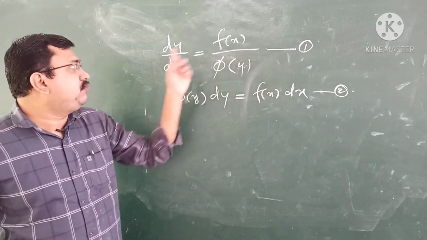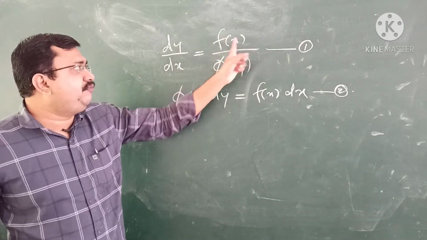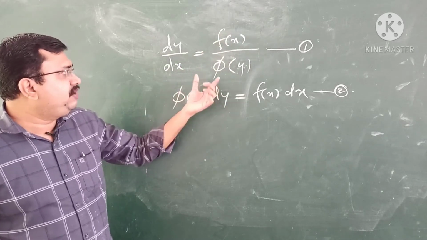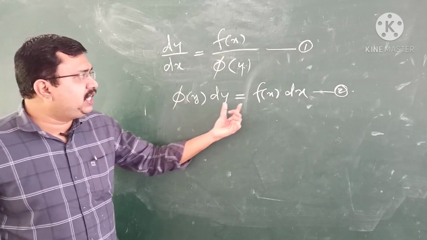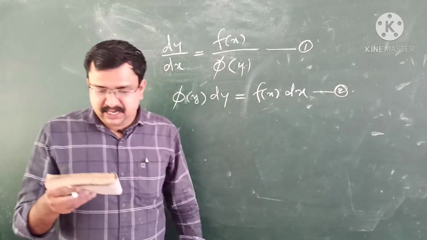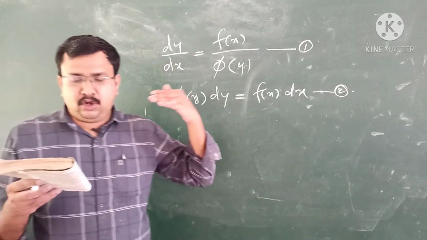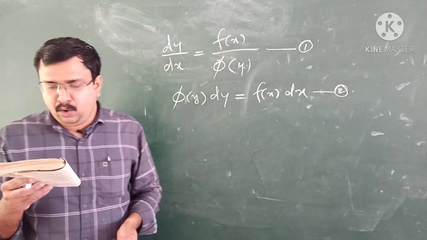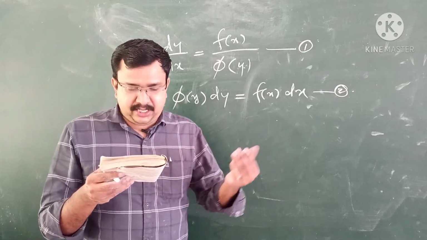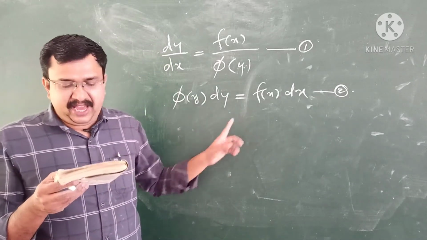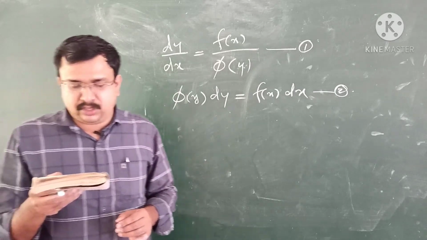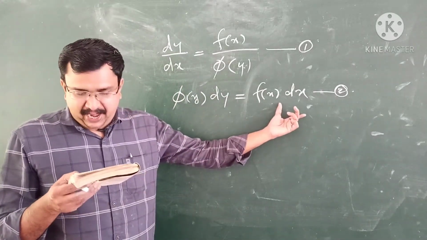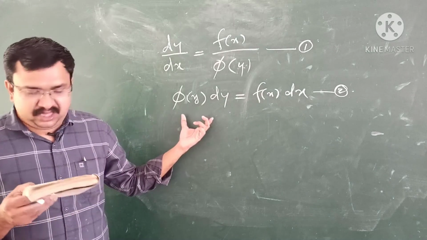Our equation number 1 is dy by dx equal to f of x divided by phi of y. We are converting this equation into phi of y dy equal to f of x dx. Such an equation is called an equation with separable variables or separable equation, because in equation number 2 the variables x and y are separated so that x appears only on the right side and y appears only on the left side.